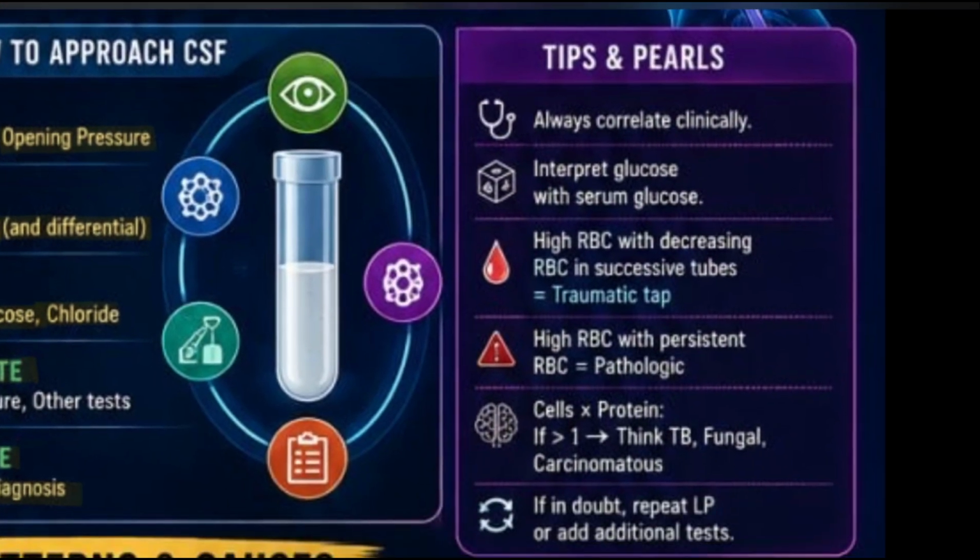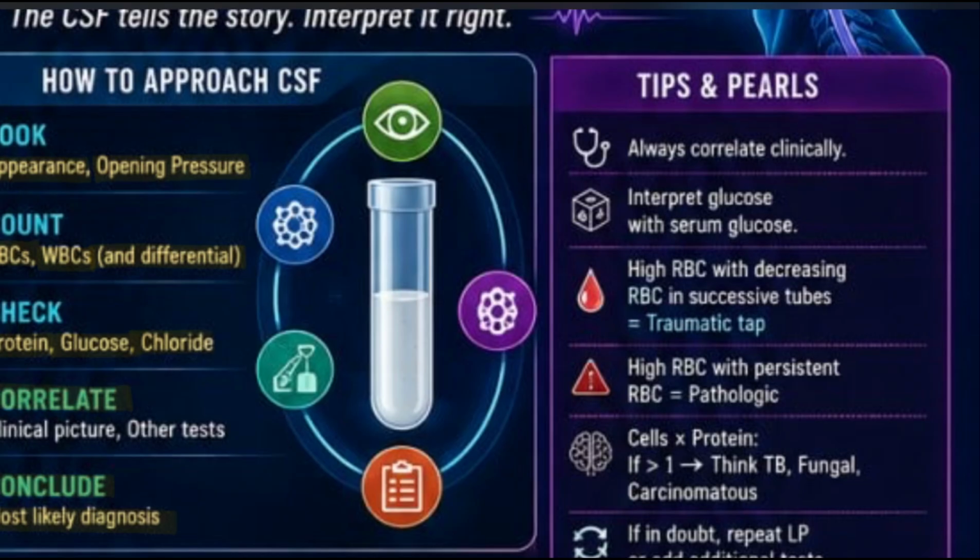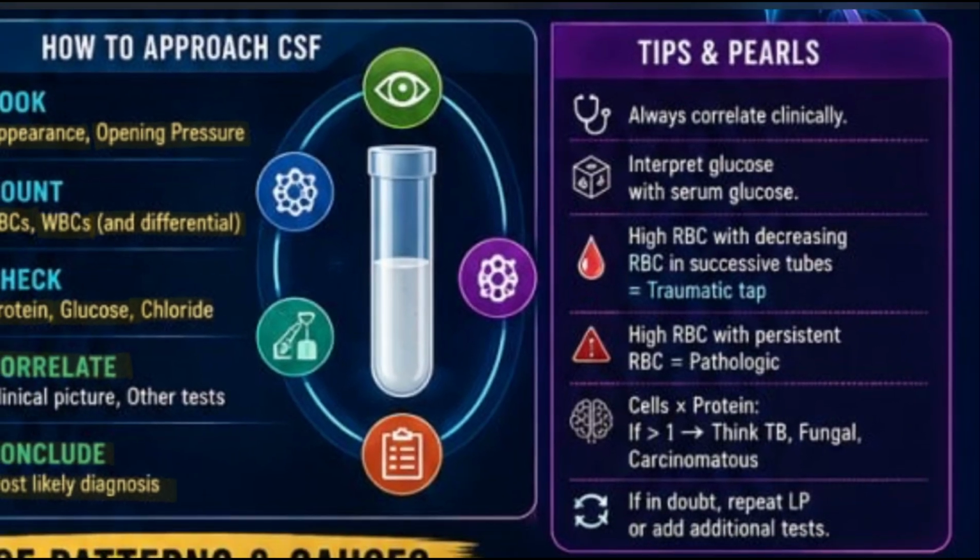Next, I will give some tips for cerebrospinal fluid interpretation. Always, first of all, correlate clinically. Then interpret CSF glucose with serum glucose. High red blood cells decreasing in successive tubes suggests a traumatic tap.